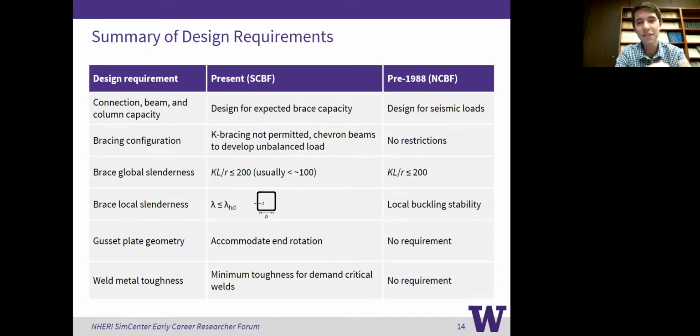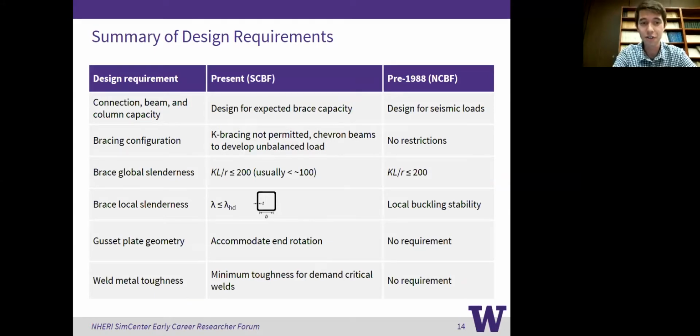Well, I said there was no provision for ductility in the frames. And if we compare the present design criteria to a pre-1988 design criteria, you see a lot of differences, and a lot of the differences are, well, maybe there's no restriction or no requirement for something. So there's no restrictions on the brace configuration, for instance. There is a restriction on global slenderness.